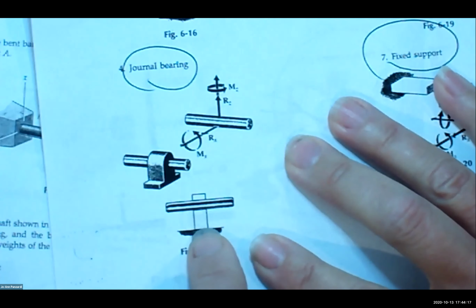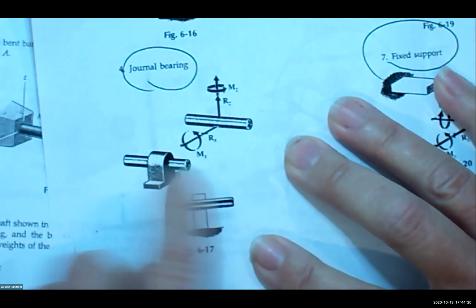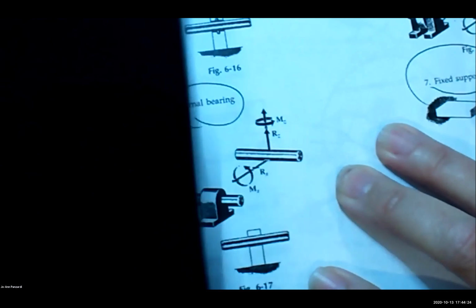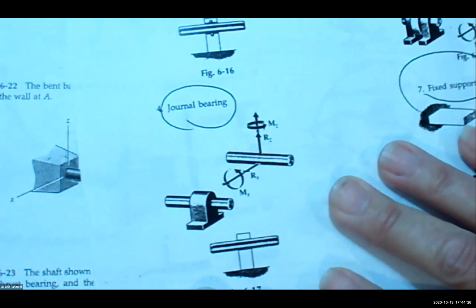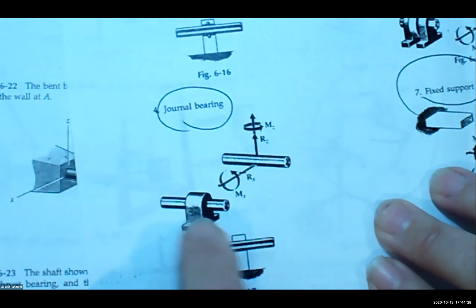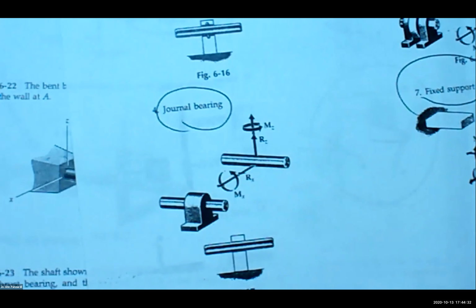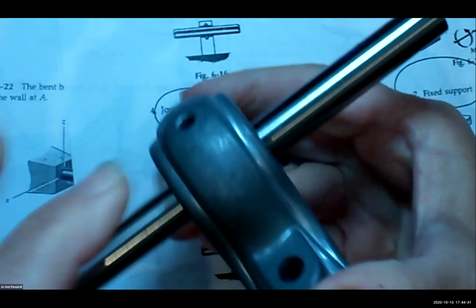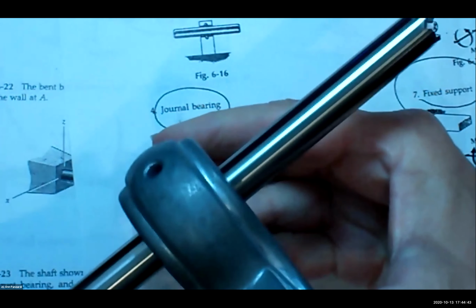You guys, basically you have a rod and a collar, and it's called a journal bearing. You have to memorize the name. A journal bearing is a rod within a collar. Here's a rod, and it's inside a collar.